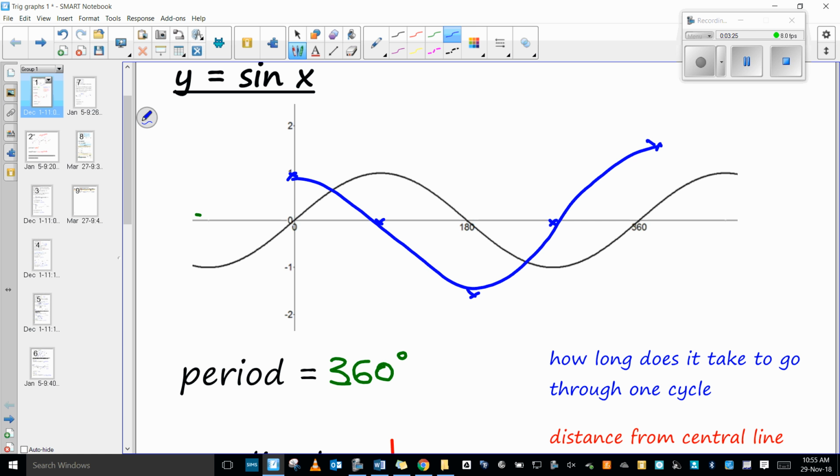I can see that actually this graph here is just a shift to the right. Equally, this graph here is a shift to the left of that one. And it's a shift of 90 degrees.